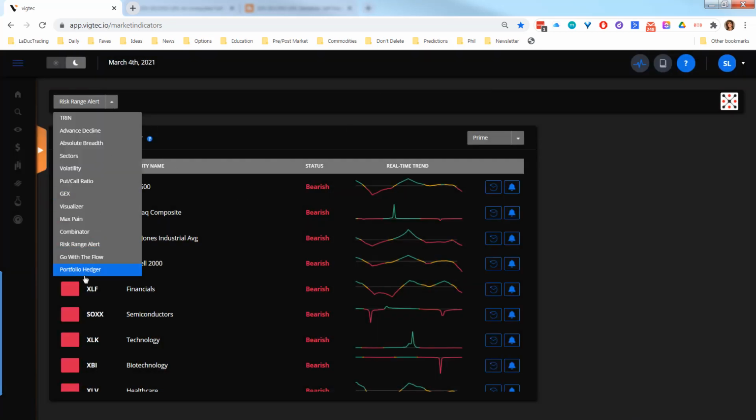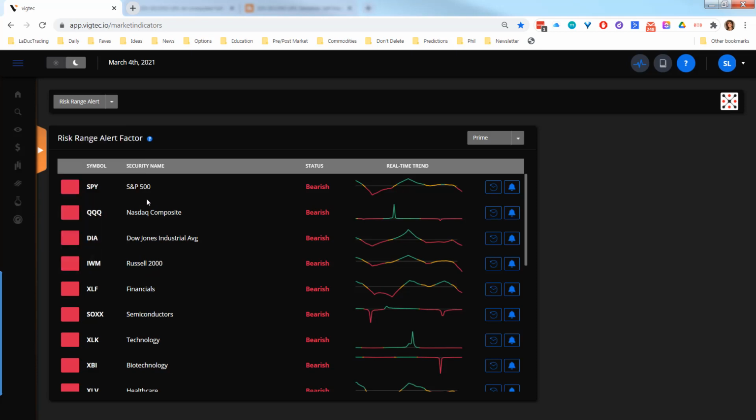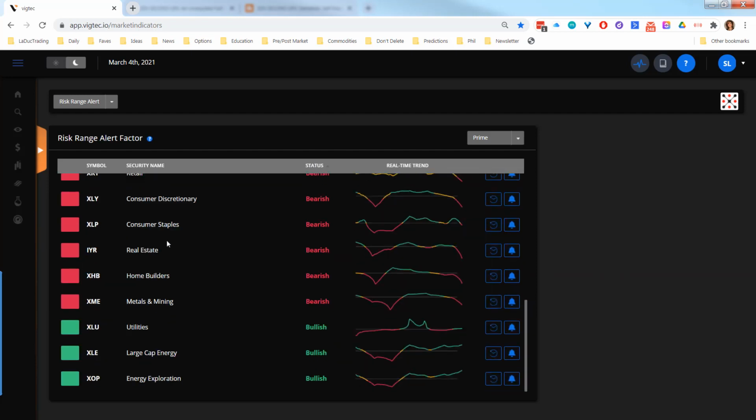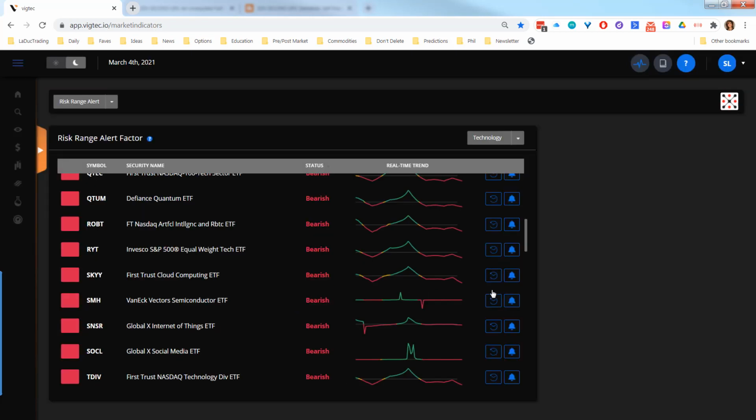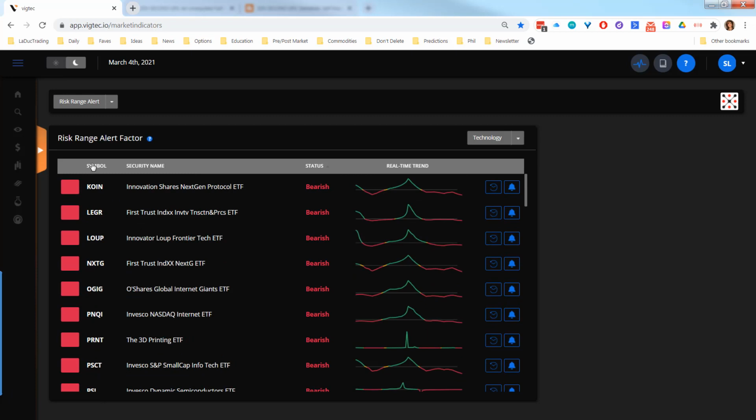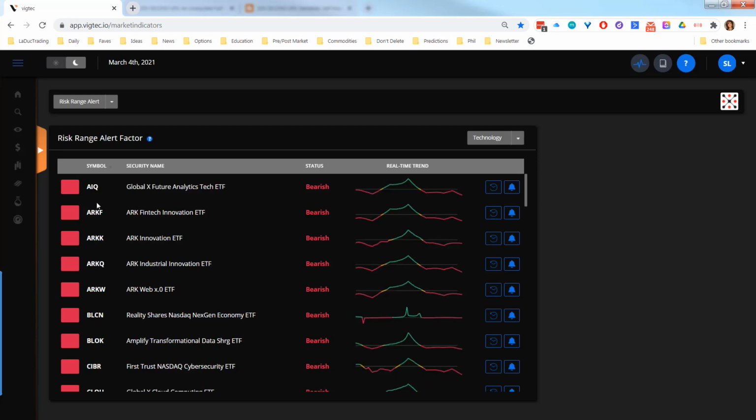First of all, just a reminder, risk range alert on this drop down will show you your status of the indicators that you've chosen, the indices you've chosen, or if, for example, you want to go and check out the ARK ETF, it's under the technology group, and then you can sort by alphabet if you want, and here it is.